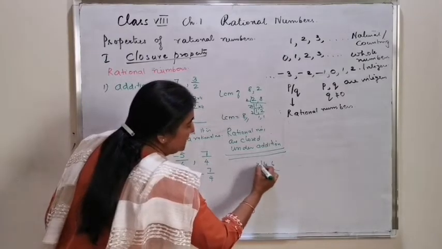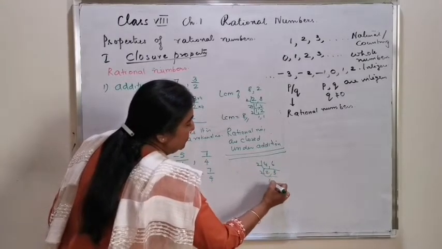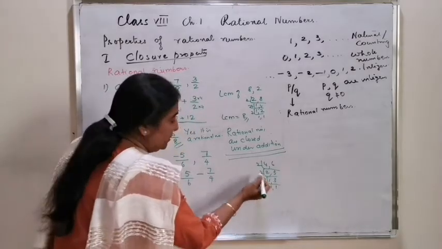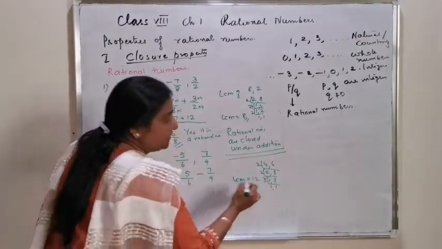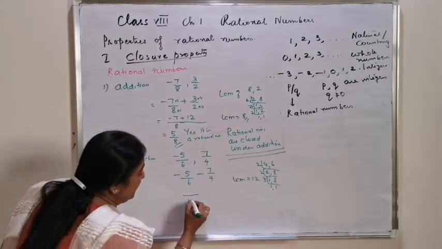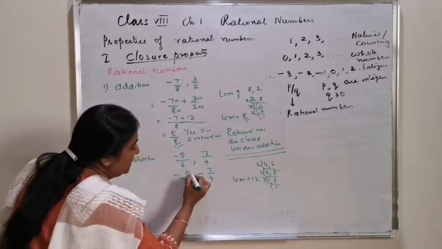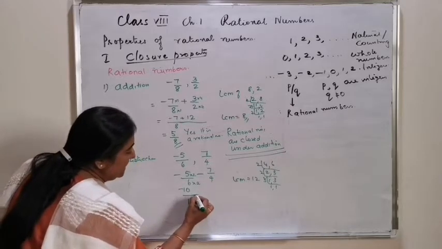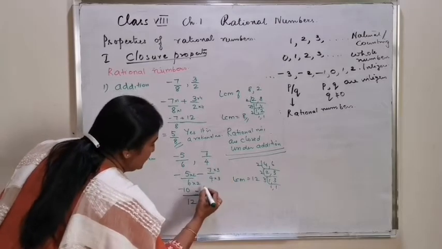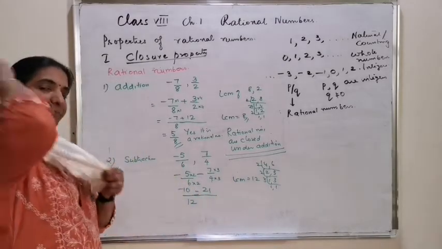The LCM of 4 and 6 is 12, that is 2 into 2, 4 into 3, 12. How do you convert? 12 into 2 is giving you minus 10, and into 3 is giving you minus 21.